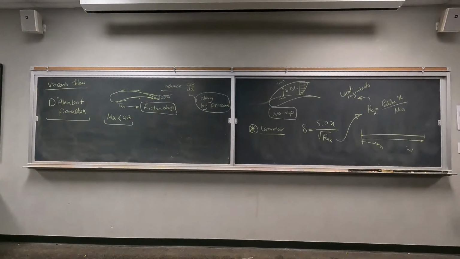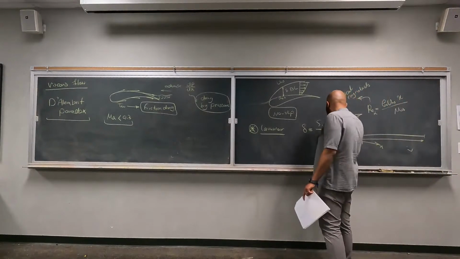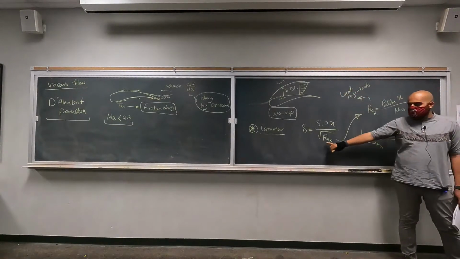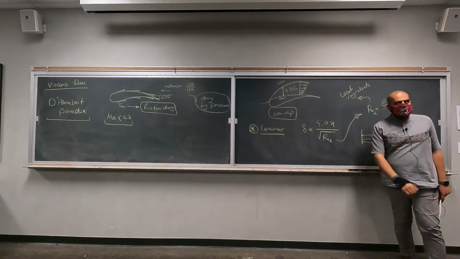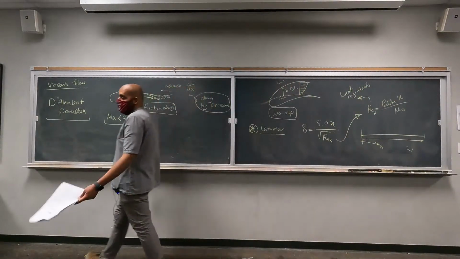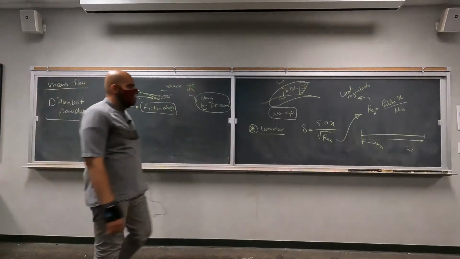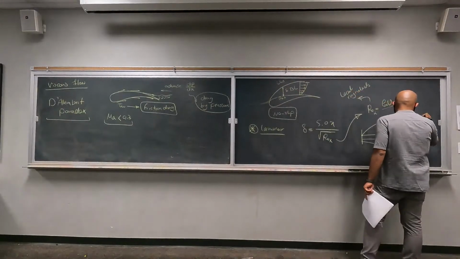Is this clear? So as you move on your plate, this value is increasing, which means that your thickness is going to change as well. I mean, your thickness is also a function of x. So as you move from 0 to L, your boundary layer is going to increase like this.